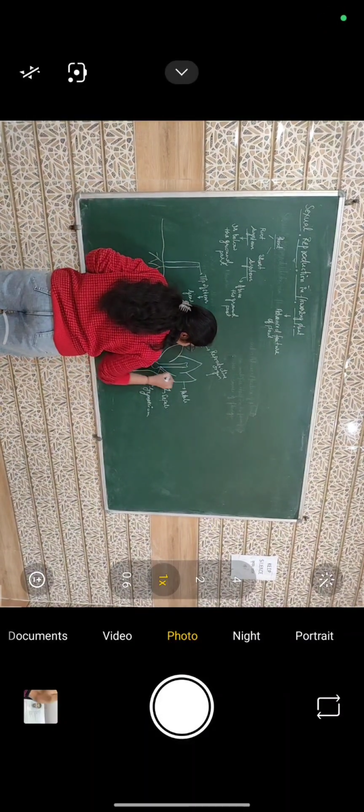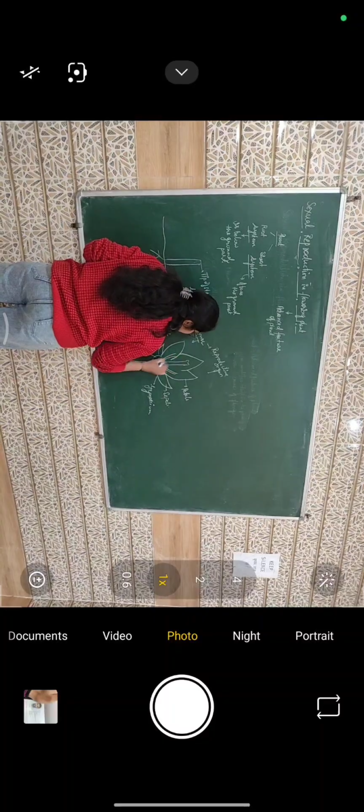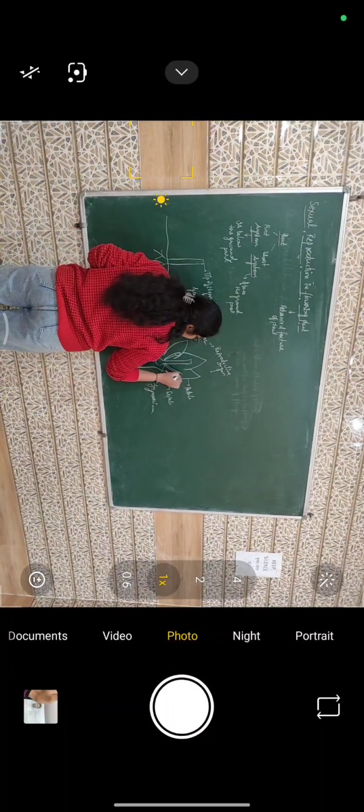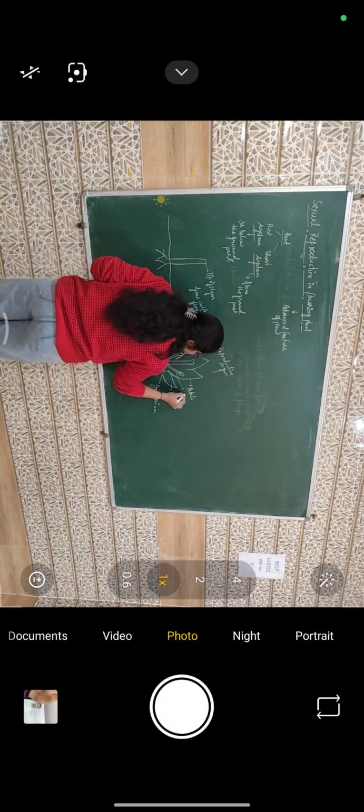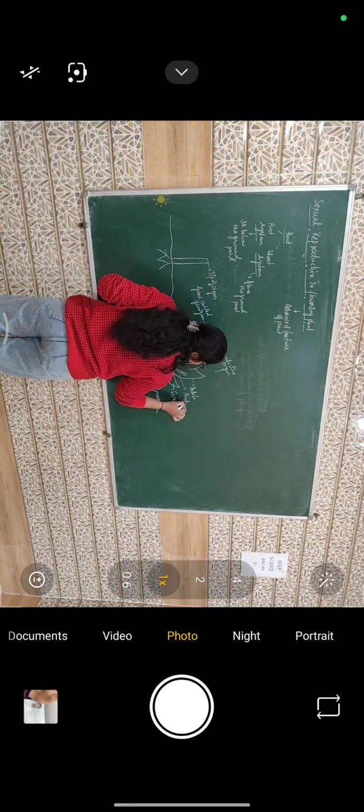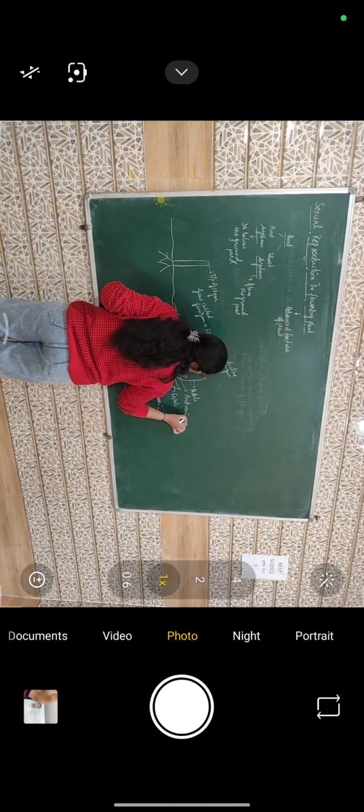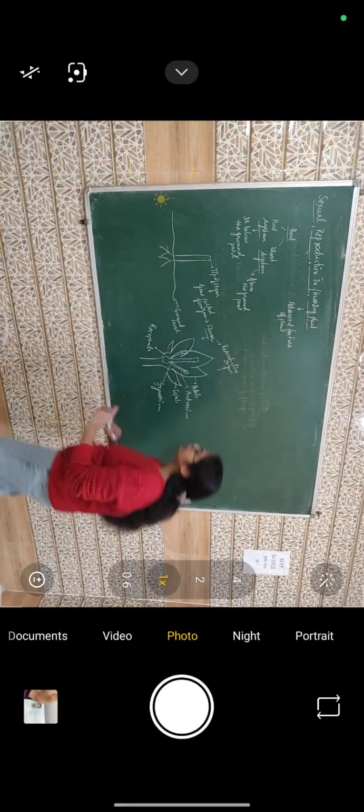And to the gynoecium part, the male part is also attached, but it is called the androecium part. So basically, a flower has 4 parts.